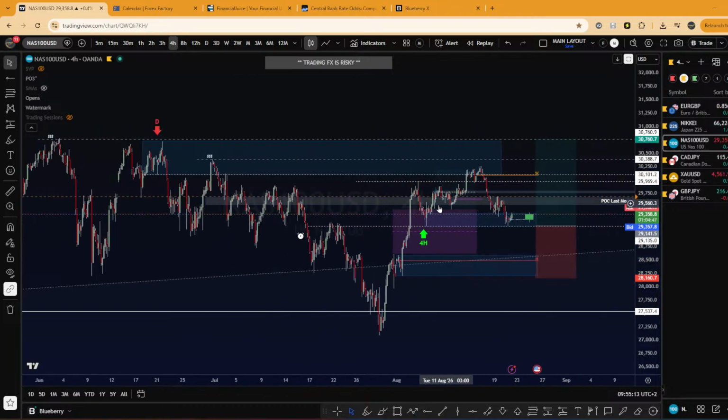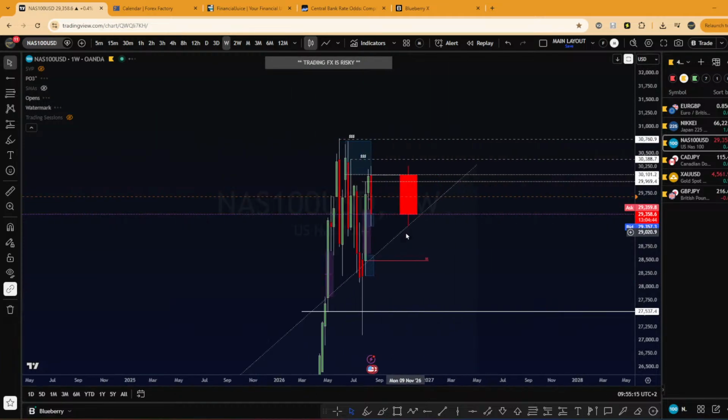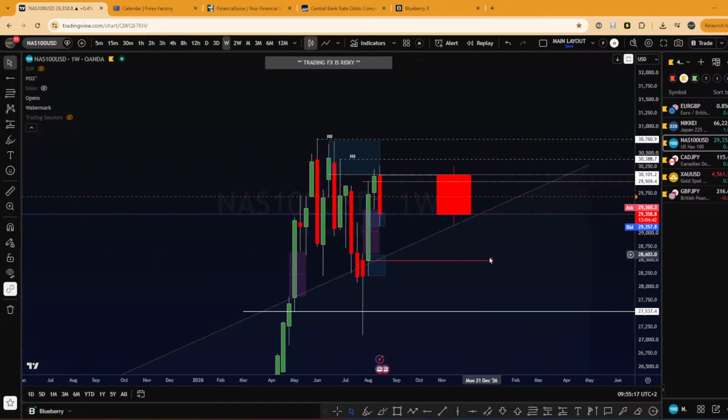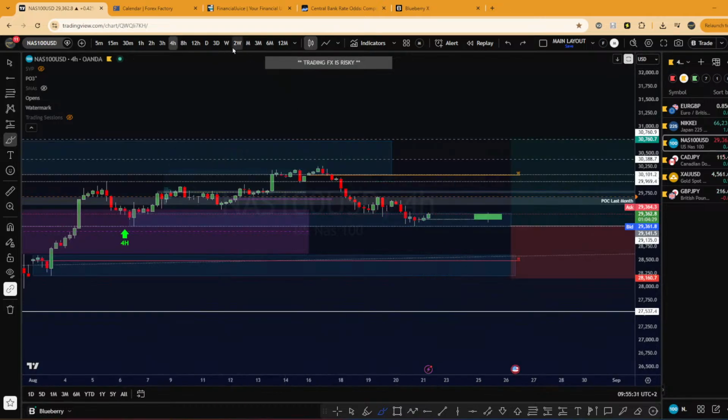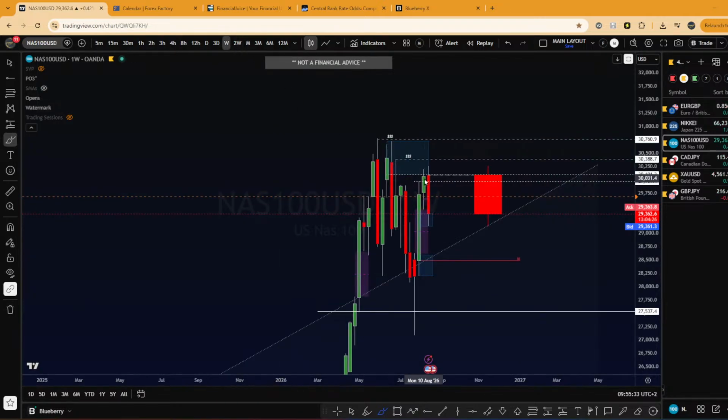On the Nasdaq weekly time frame, we are rejecting this premium zone right now. So on the current weekly, the current week candle is bearish. So this week we have a lot of sellers, so not interesting to buy yet right now.